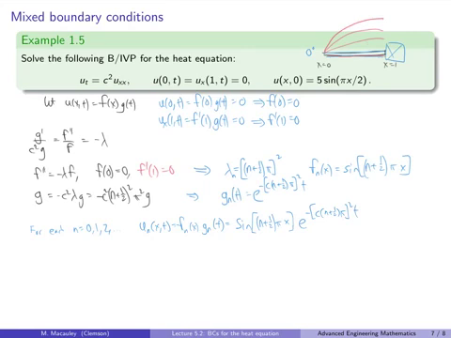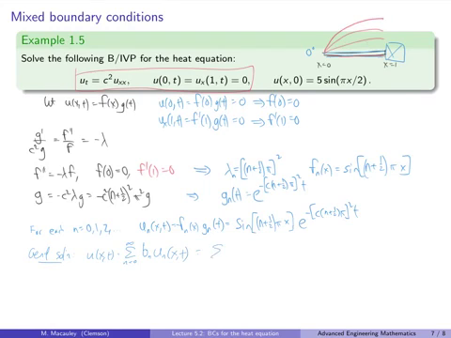So our final solution, I don't want to say our general solution, because again we have not used the initial condition yet. So our general solution is u of x,t, this is the infinite sum from n equals 0 to infinity of, I'm going to call it a or b, how about b_n, u_n of x,t.